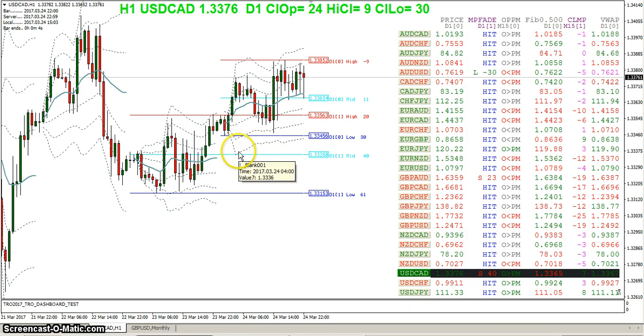And the previous day's midpoint was here. So in the case of dollar Canadian, it never got to the midpoint. But you can see here where it opened, if you faded it, there was still a couple of pips to be had.